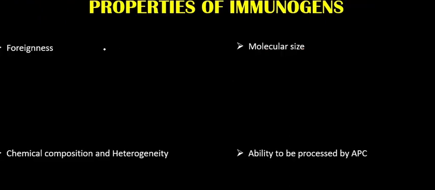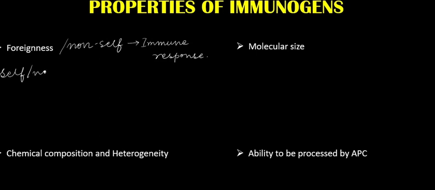Let's see them one by one, starting with the properties of the immunogen. First, foreignness. Any substance or molecule must be foreign or non-self to the biological system so that it can induce an immune response. Self and non-self recognition is done during lymphocyte development.